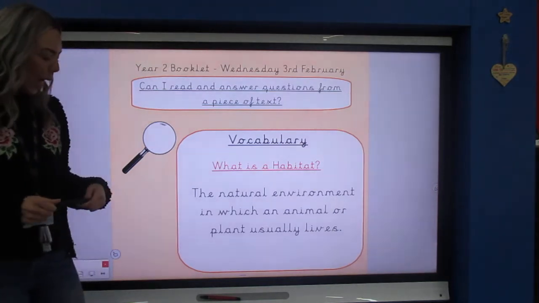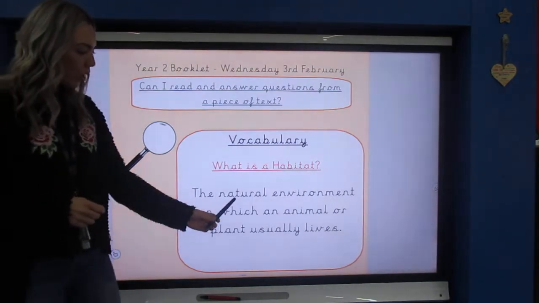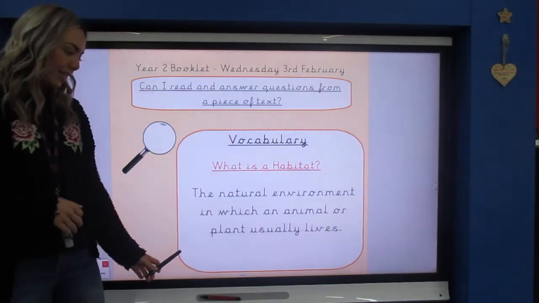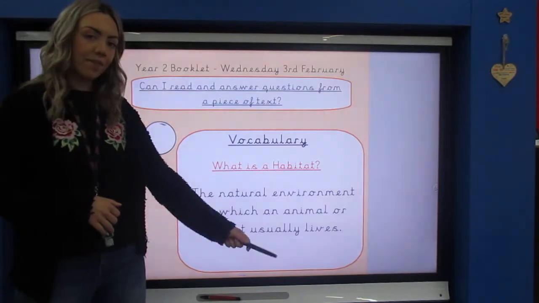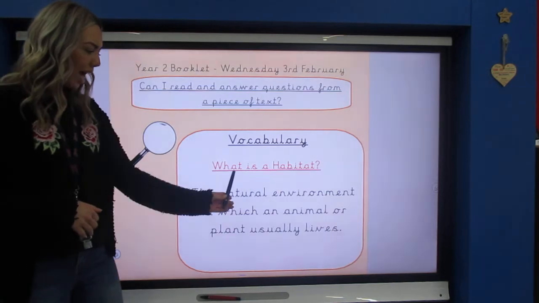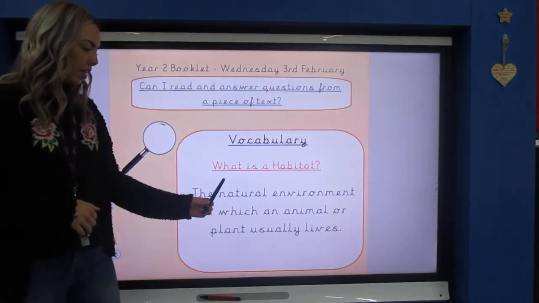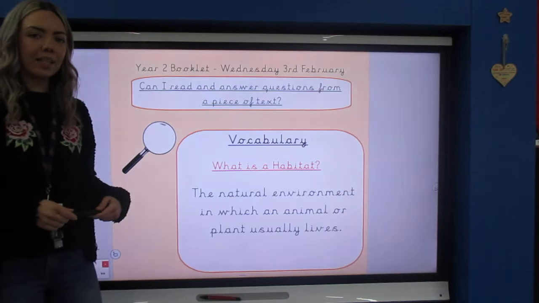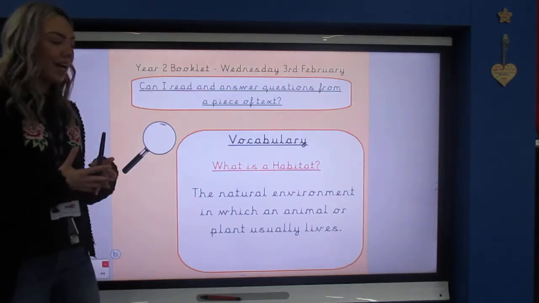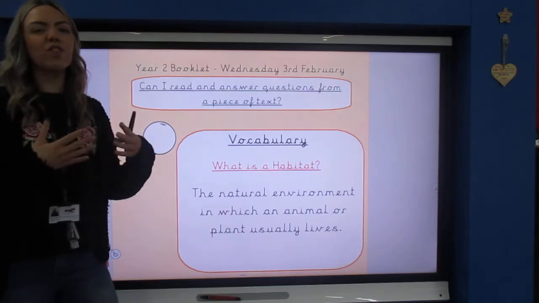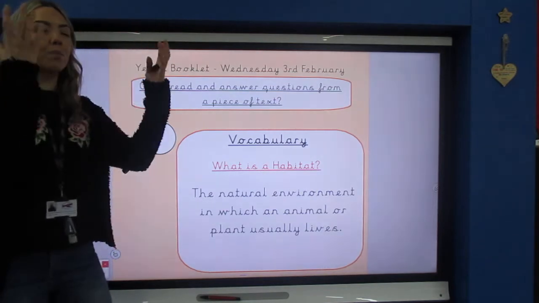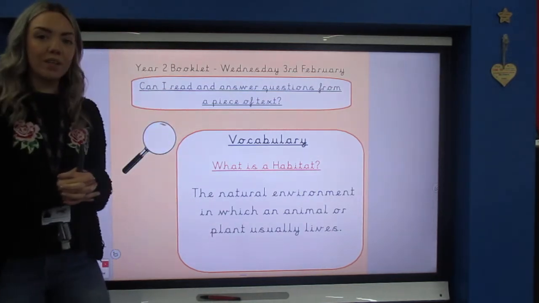So, a habitat is the natural environment in which an animal or plant usually lives. Okay? So, the word natural, that means that it is not made, it's already there, so it's grown naturally, or it's formed naturally, so it's happened by itself, just by how it is formed in the world, okay?